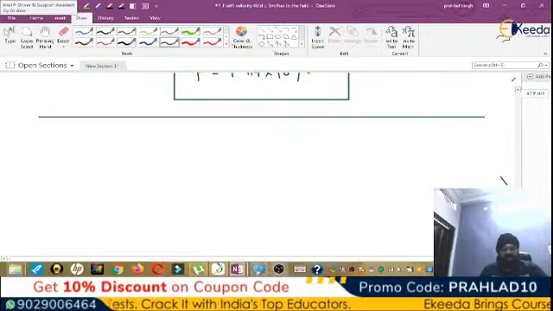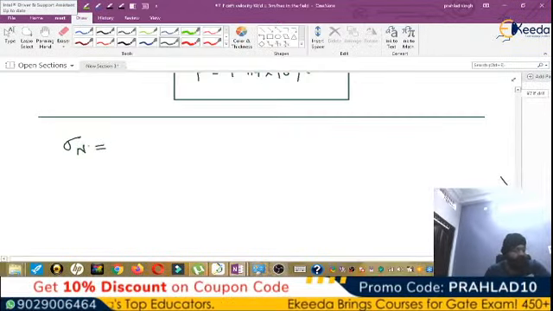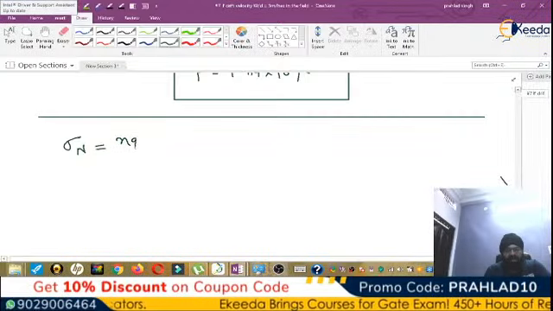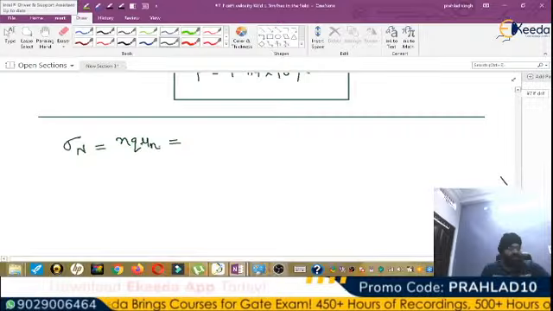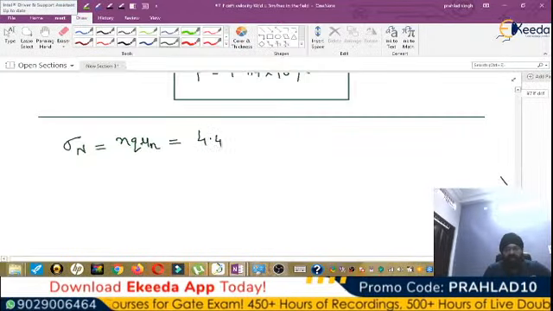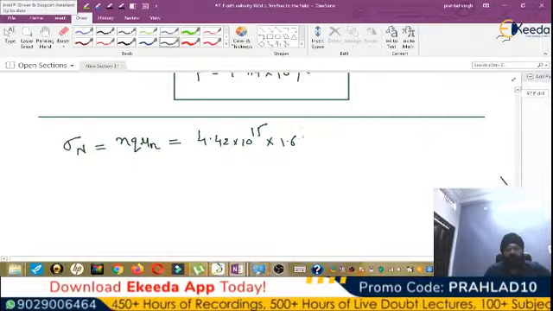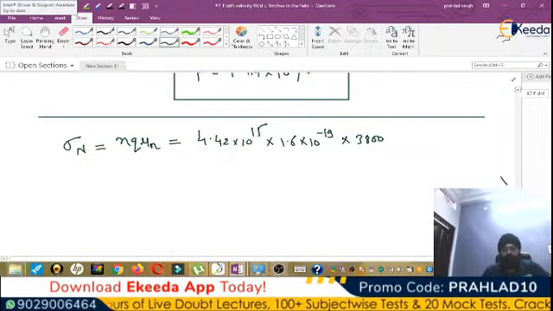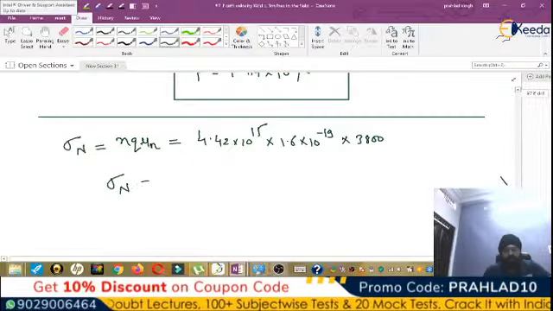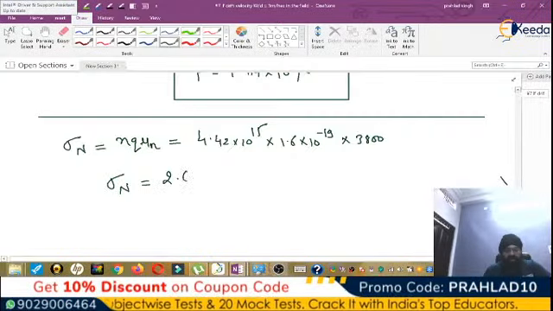Okay, then the conductivity, which is sigma n, is n q mu n. n is given as 4.42 into 10 to the power 15. This gives 2.6873.